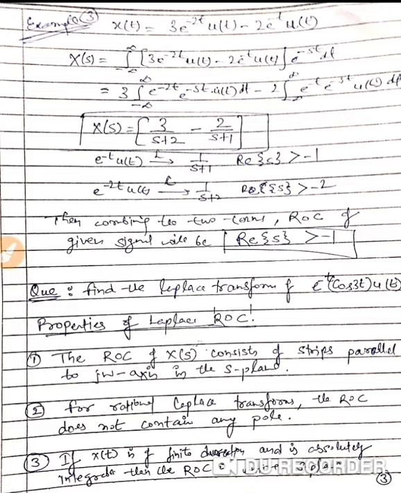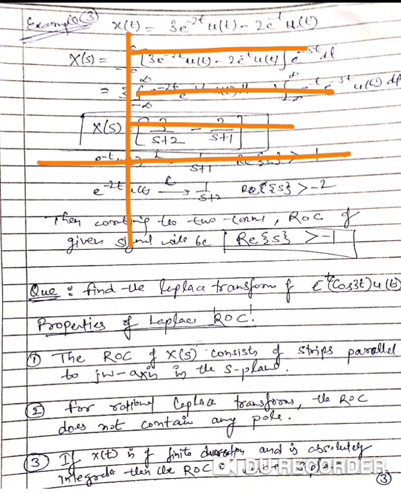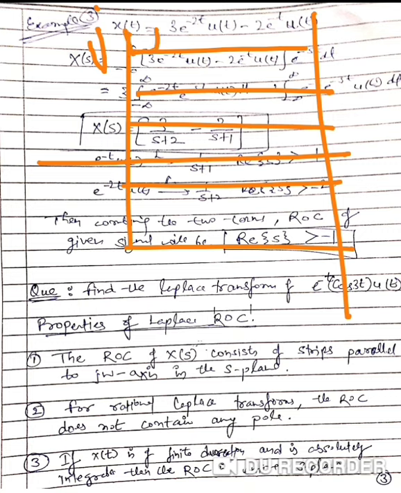The first property is that the region of convergence of any Laplace transform will be in the form of strips which are parallel to the j omega axis, as we have already seen in the examples. So ROCs will be like strips, parallel to the j omega axis.